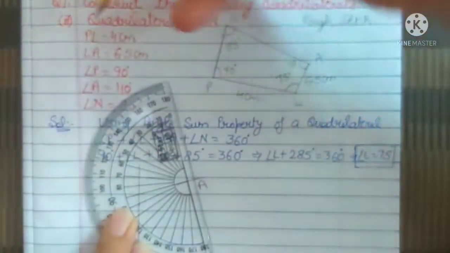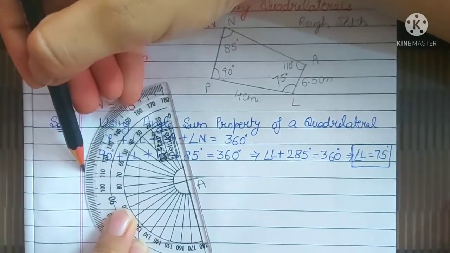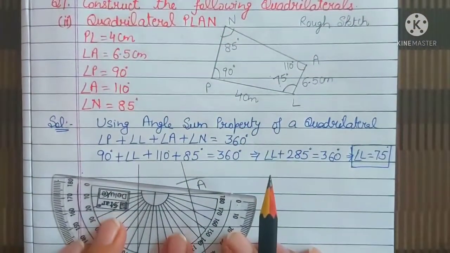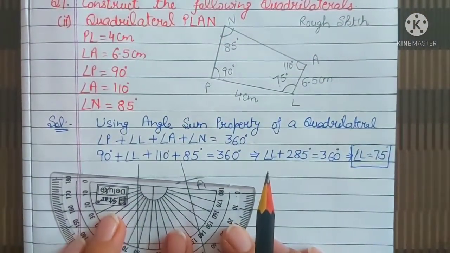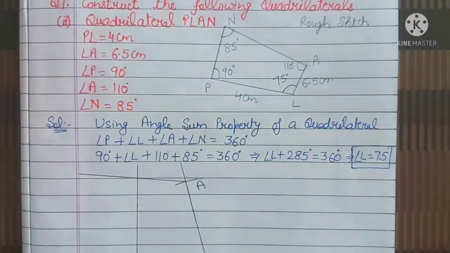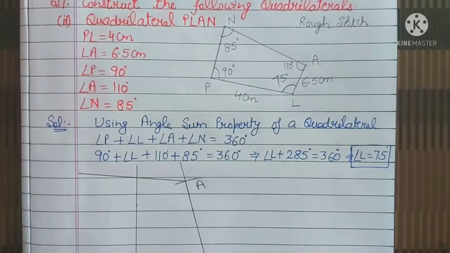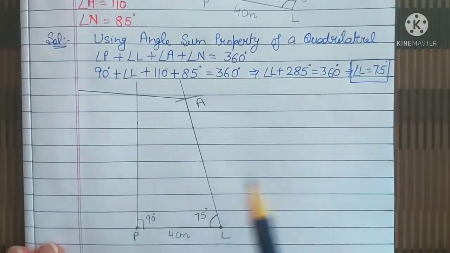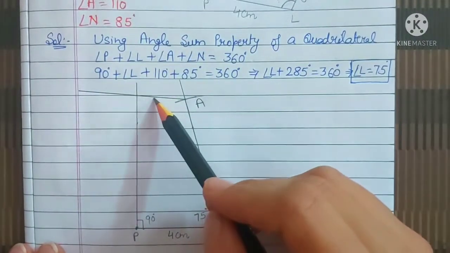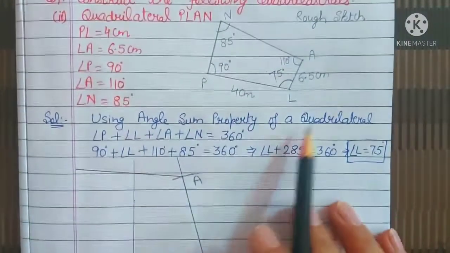Here it will be, students, 110. So join it, and it will cut this line. By the intersection of these two lines we will get the point N.